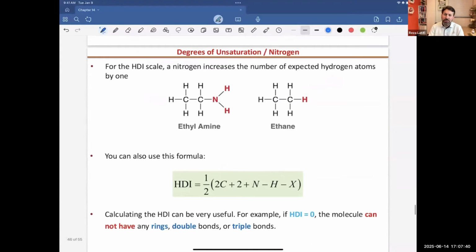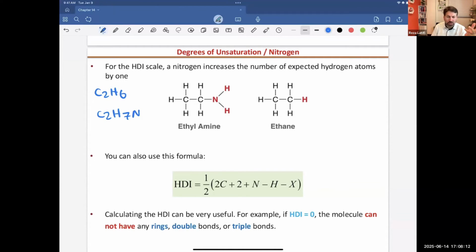Now, what will happen if I'm dealing with nitrogen? Nitrogen is going to bring hydrogen with it, so technically we subtract 1 hydrogen per nitrogen, and that fixes the problem. Because I have 2 carbons, I'm supposed to have 6 hydrogens. Let's count the hydrogens: the formula says C2H5 plus 2, that's 7, and 1 nitrogen.